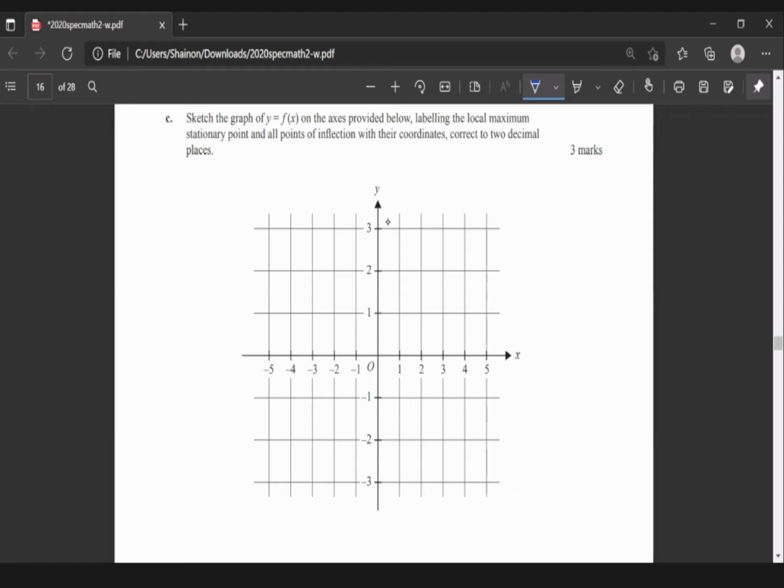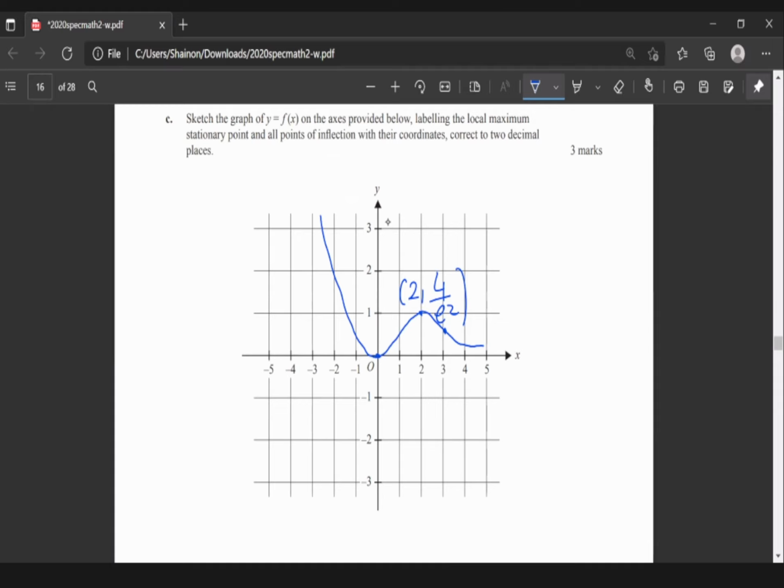You should get something that goes through here, and it goes up here, then down here, like that. I think it goes like that. And then that's going to be 2, 4 over e squared.